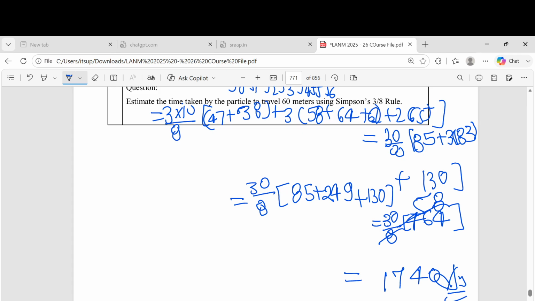So in this class, I have solved many problems related to the Simpson one-third rule. What is the summary?